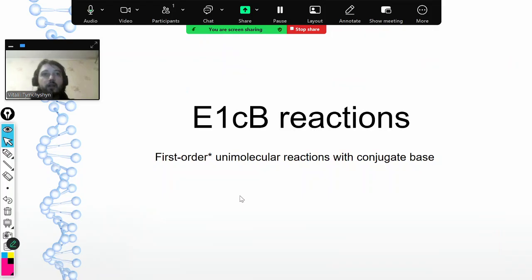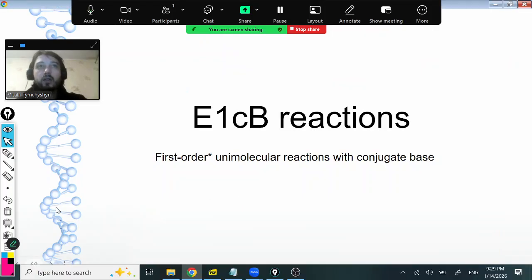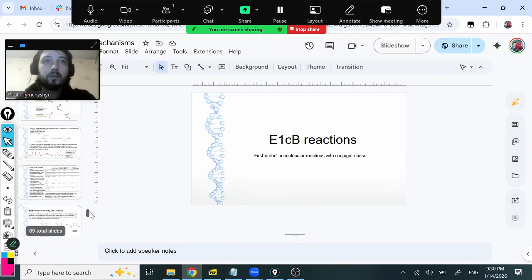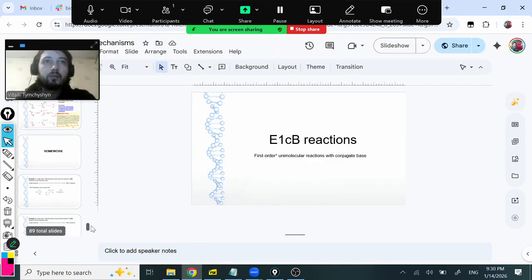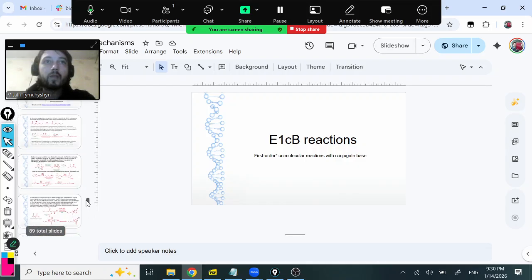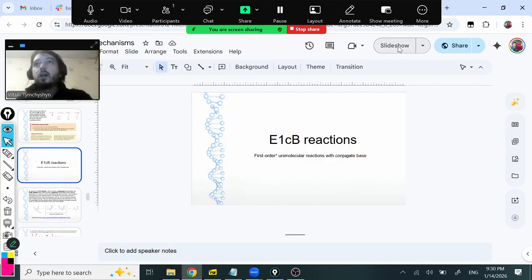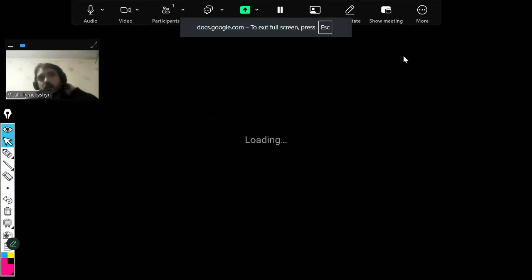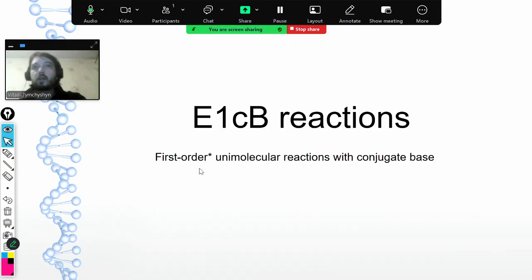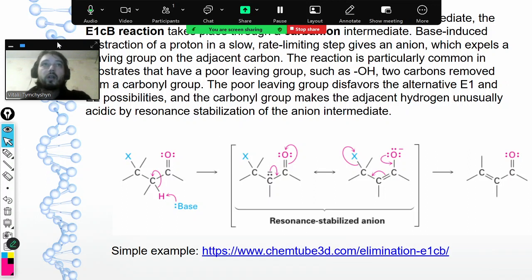I guess the last type of reactions, let me check that. Well, no, not the last one, but almost the last one. These are E1CB reactions. So these are first order unimolecular reactions with conjugate base.